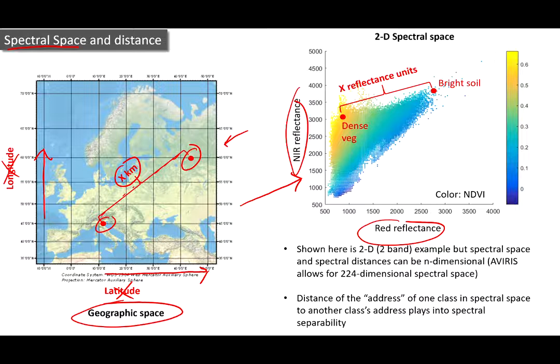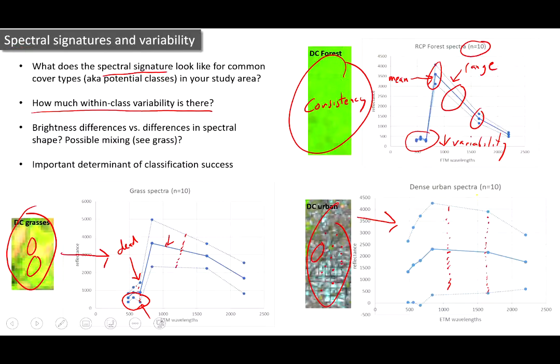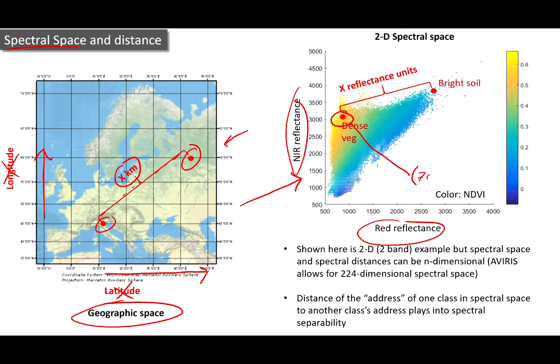This is just a 2D example, but this dense vegetation right here has some sort of address in red and near infrared space, whereas bright soil has a very different address, more like 2500 and 3500.